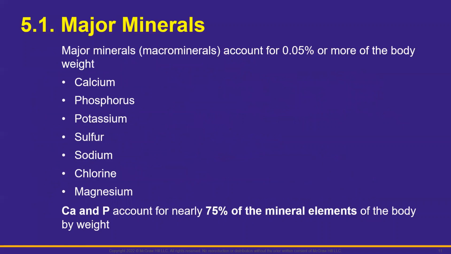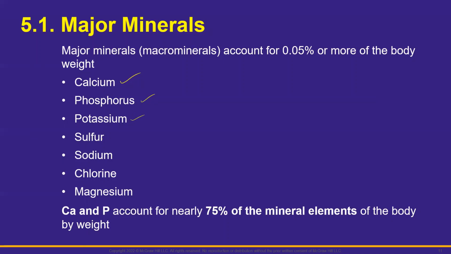Okay, minerals can be divided into two types, major minerals and minor minerals. The major minerals are the minerals that are required in the highest amounts, about 0.05% or more of the body weight. The first one is calcium. So this is the first major mineral. We use a lot of calcium for muscle contraction, for nerve impulse, and many other processes in our body.